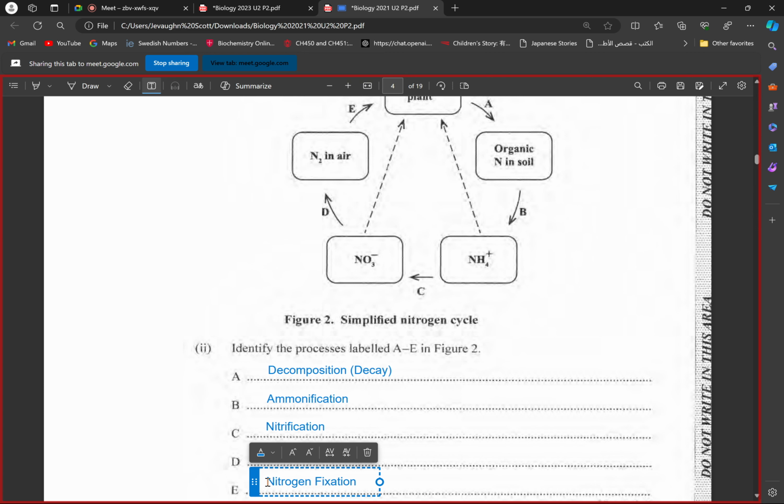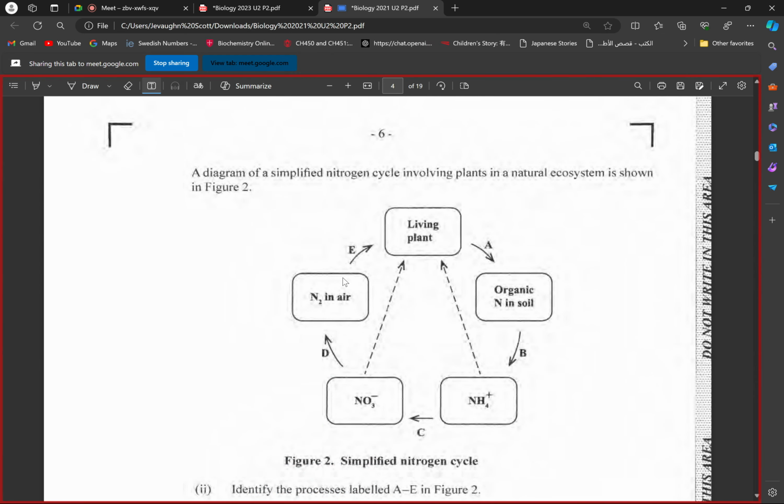If it went to the soil first, then Azotobacter and Clostridium could have helped to turn it to ammonia, and then it would go into the plant. But directly from nitrogen in the air to the plant, that's going to be nitrogen fixation. And it's usually symbiotic fixation, which is through Rhizobium.